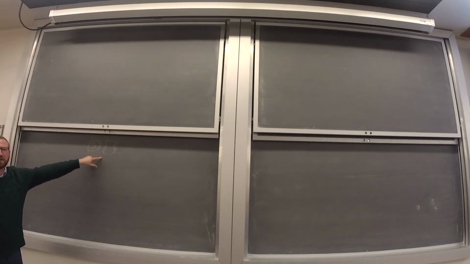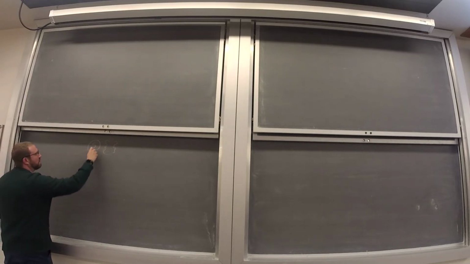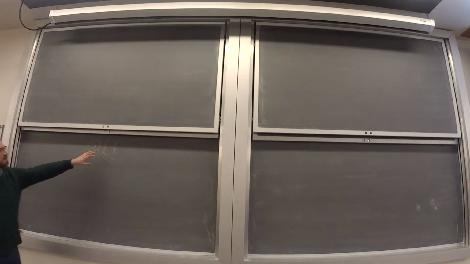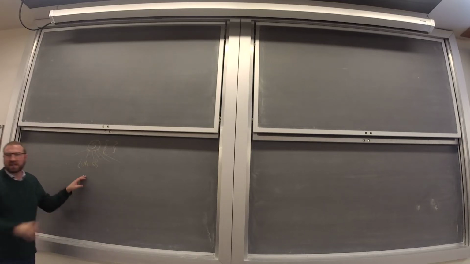So what are S's successors here? There's going to be a bunch of them, and each is an assignment to a variable. So maybe we assign WA is red, but the rest are unassigned.